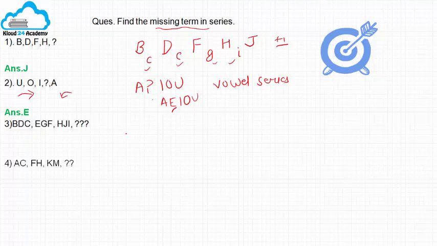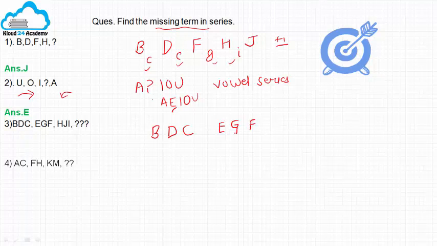Next question, BDC, EGF, HJI, question mark. So let's look at the series. There's a pattern. B, the next alphabet is at third position, C, D. Similarly, E, next alphabet is at third position. So this is the catch here.